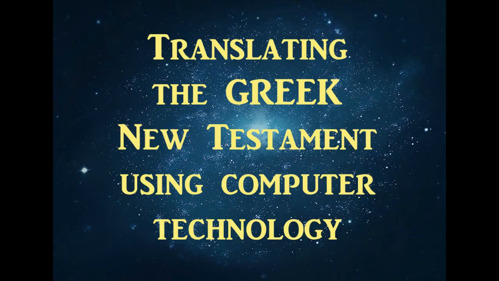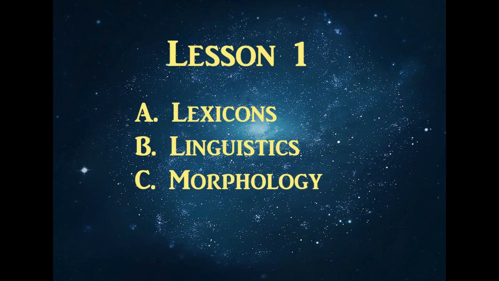Well, now that we've got over the introduction, we're going to get into focusing on what the course will be teaching. It will start with an understanding of what a lexicon is. We'll be using the information from lexicons, and so we'll talk about what a lexicon is. And then we'll talk about linguistics, which is really the study of language.